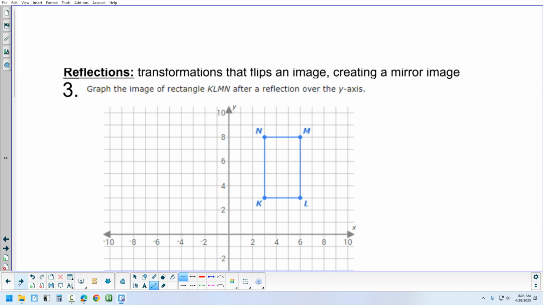All right. And the second kind of transformation we're going to look at is a reflection. So a reflection you can think of as a mirror image. So let's say that I had the letter B, and I wanted to reflect it. If I had a dotted line right there and I reflected it, it's like taking that letter and flipping it.